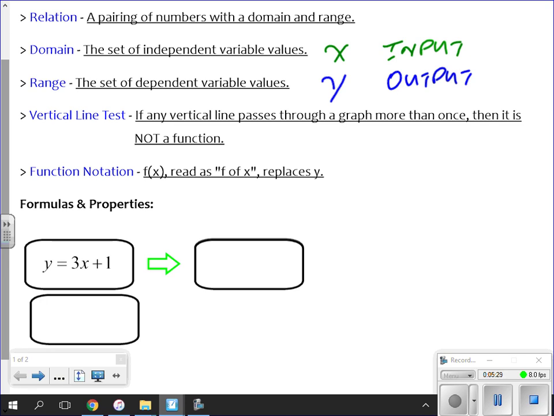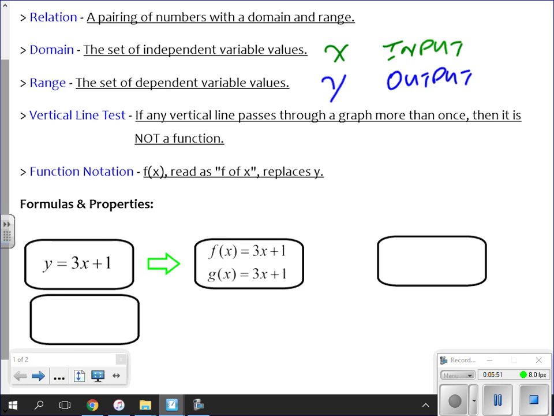What function notation does is it replaces the y. And what we can do is rewrite it in a different notation. It's just a different way of saying the same thing. Function notation is just a different way of saying the same thing.